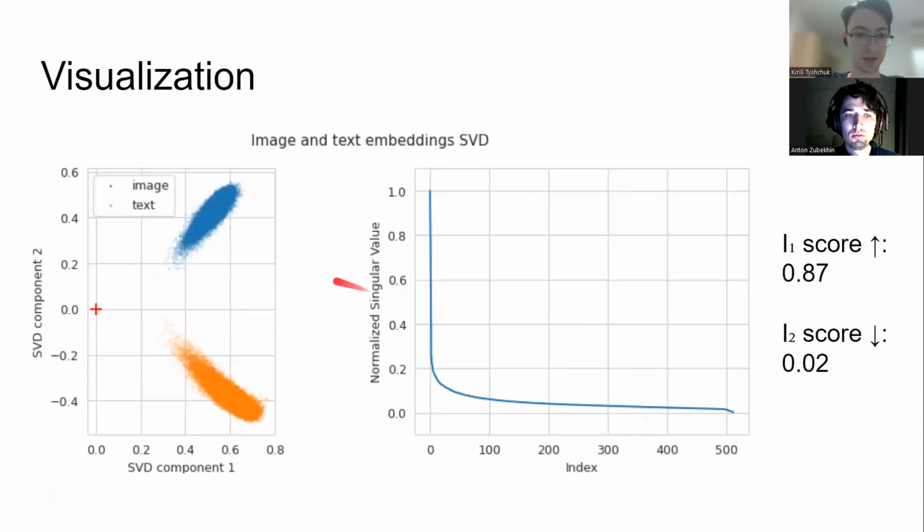So after that, we visualized together the embeddings of the images and embeddings of the text, and we can see that they're clearly separated. Although CLIP is trained in such a way that the embeddings of the image and the corresponding embeddings of the text are close, they do not have to be at the same point. Because CLIP uses contrastive loss, which measures kind of the relative distance.